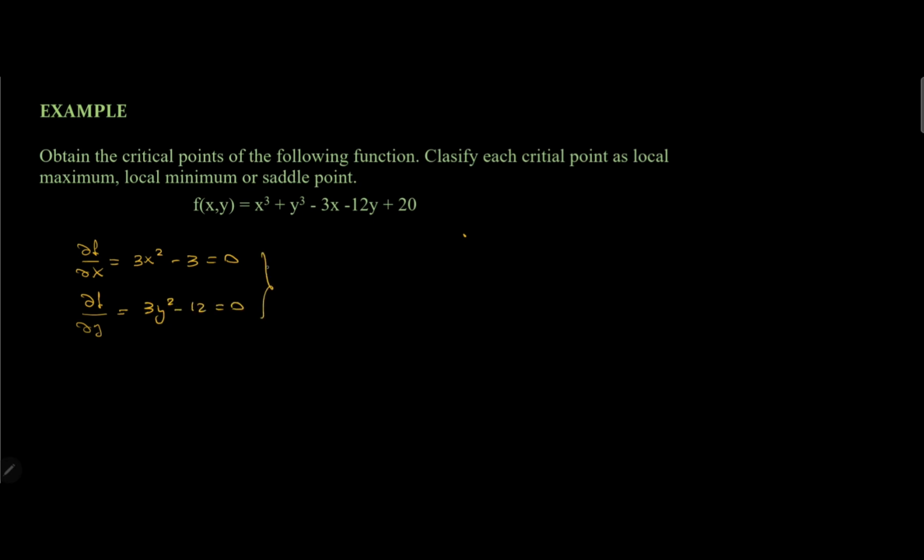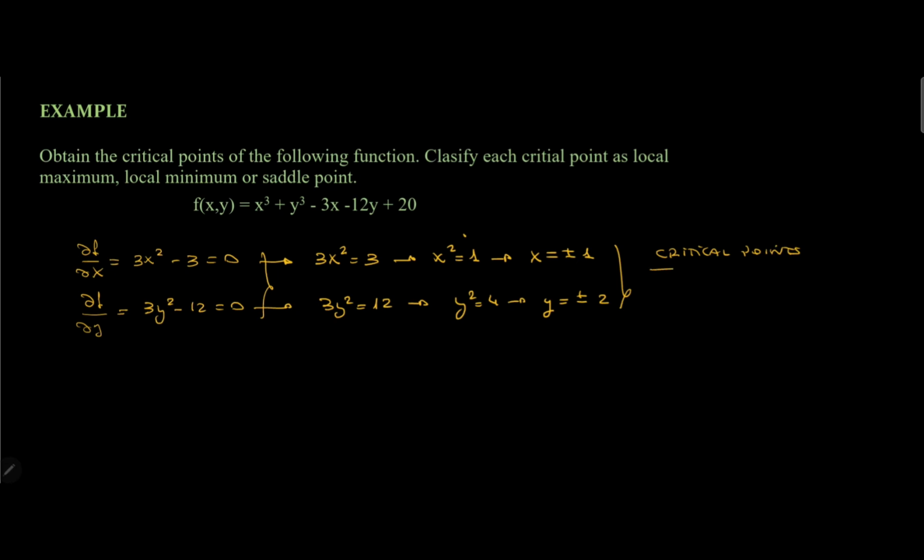Now we have to solve this system, and it's easy if we just solve for x in the first equation, and we get x squared equals 1, so x equals plus or minus 1. And out of the second equation, we get 3y squared equals 12, so y squared equals 4, and then y equals plus or minus 2.